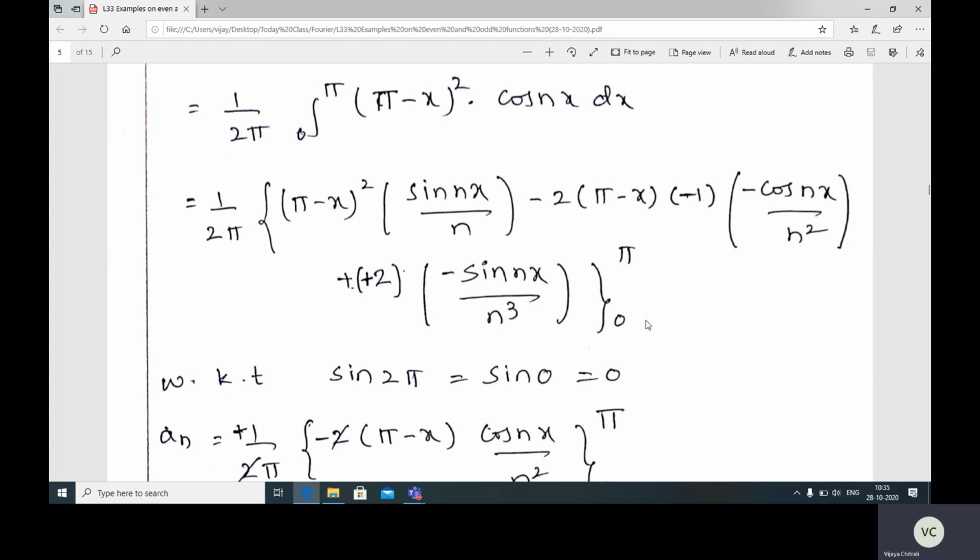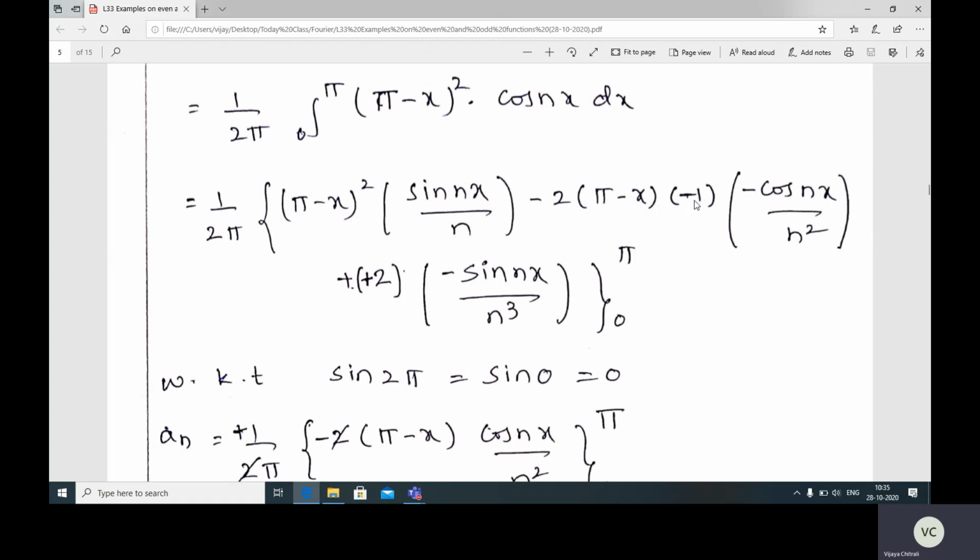And limits vary from 0 to pi. Now, I will take advantage of this sine function and limits 0 to pi. So we have sine n pi and sine 0 both equal to 0. So according to that, these two are 0. So left with what here? This.